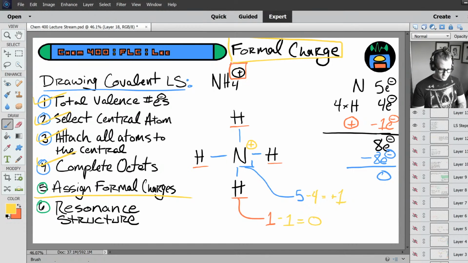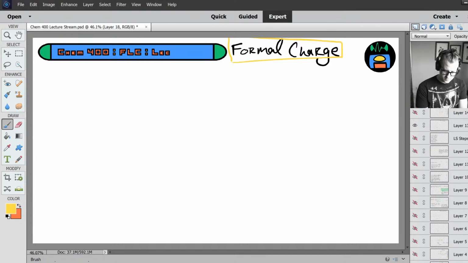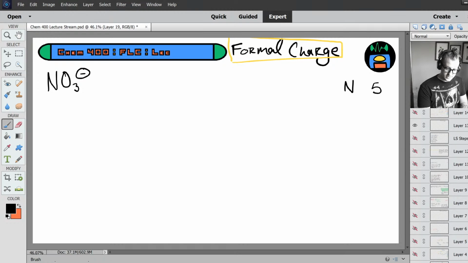Now, let's take this up a notch. Let's draw the Lewis structure for nitrate. Nitrogen has 5 valence electrons.